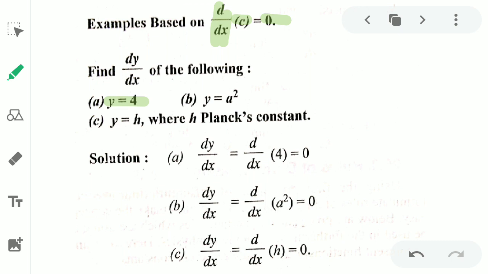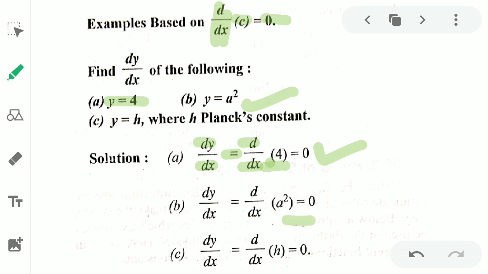So we write both side differentiation, dy by dx, that value will be equal to d by dx of 4. 4 is a constant, that is the number, that differentiation is 0. If we say that a is a constant, what is the differentiation of y with respect to x? That is 0.